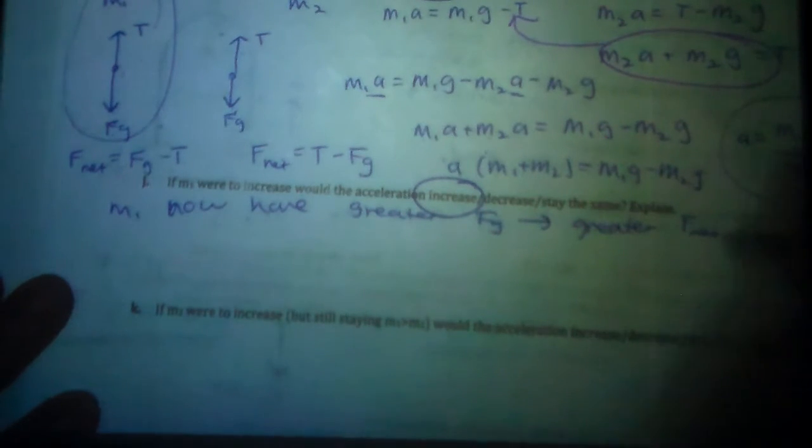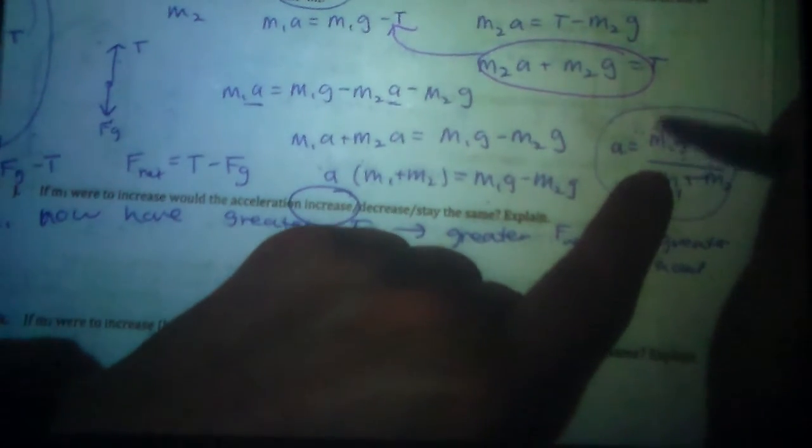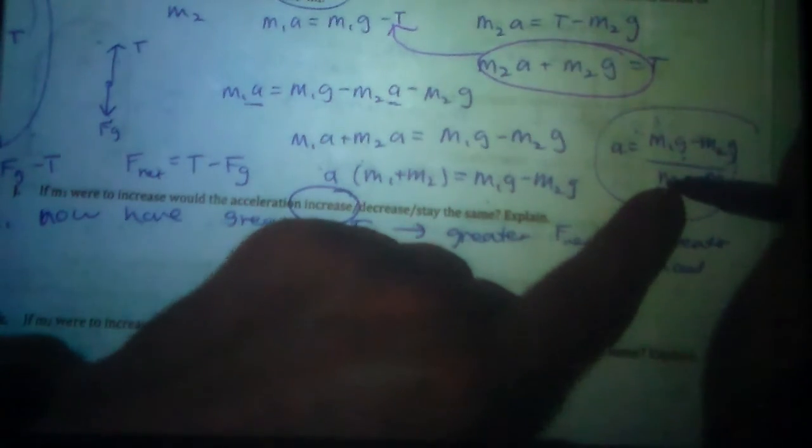So it'll have a greater F net, which means a greater acceleration. Now what's tricky about using our equation for a direct or indirect relationship is I actually have M1 in both of these. So I have M1 on the top and I have M1 on the bottom. If you were to increase this, the top gets bigger. If you were to increase this, the denominator gets bigger. That means bigger, this means smaller.